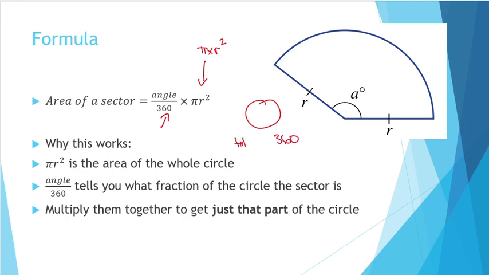So that's the total amount. When we're looking at sectors, we're looking at a fraction of that circle. That's why we have our formula as angle over 360. We're just looking for that fraction and working with that specific fraction only. The reason why this works is pi r squared is the area of a whole circle and you're just looking for a piece of it.